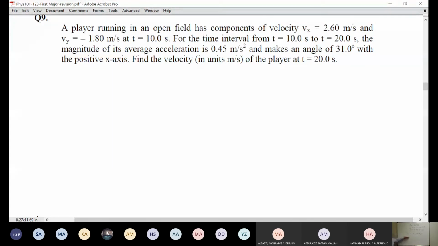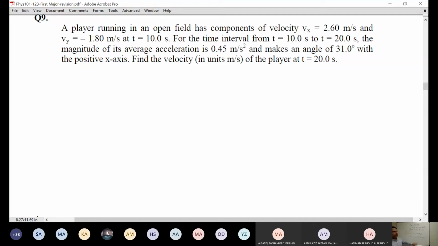And similarly, if you want to proceed with the Y component, it will be also the same thing. So here we know that the initial component of the velocity is 2.6 plus the X component of the acceleration, which is 0.45 cosine 31.